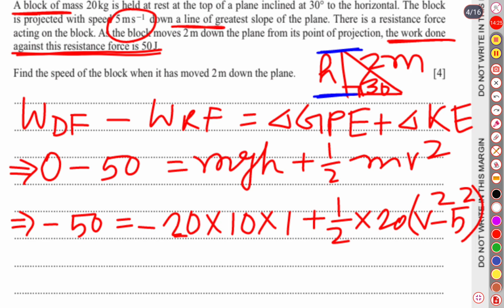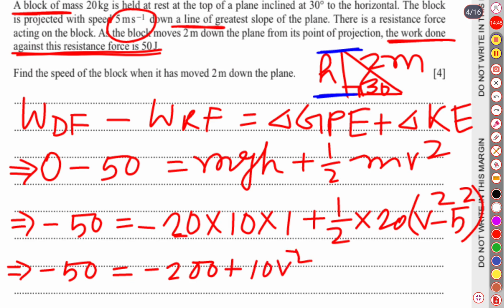If the initial height is higher than the final height, then it must be negative. After that, it is going to be negative 50 equals negative 200 plus 10 v squared minus 250, since 25 tens are 250.